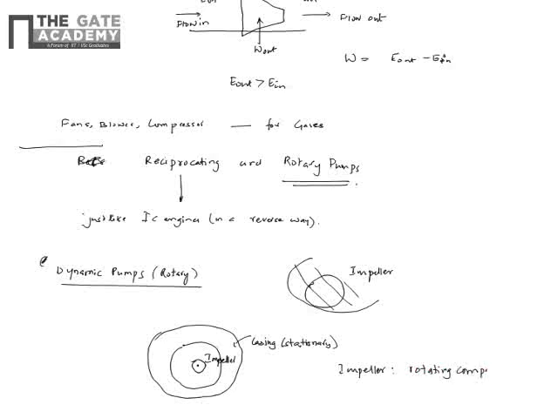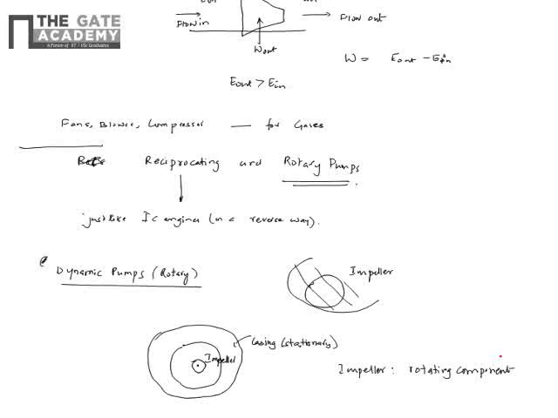So I'm broadly telling you how a typical centrifugal pump will look. You'll have an impeller and a casing. The impeller is the rotating part; the casing is your stationary part.